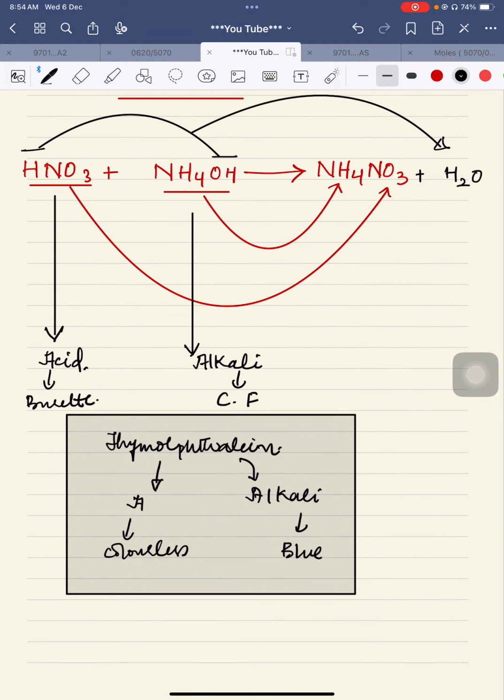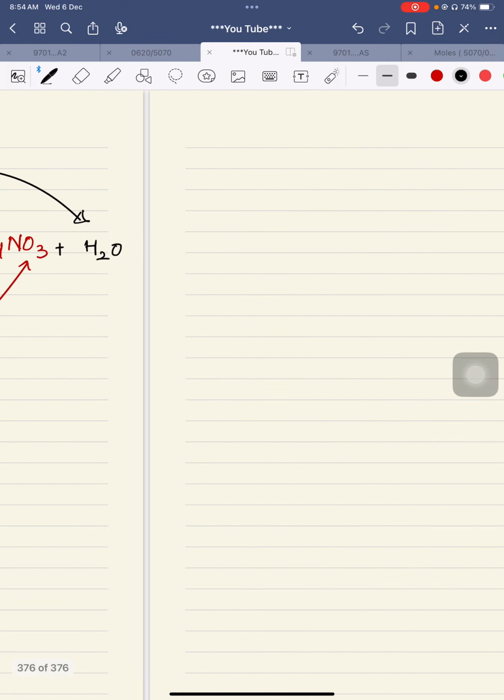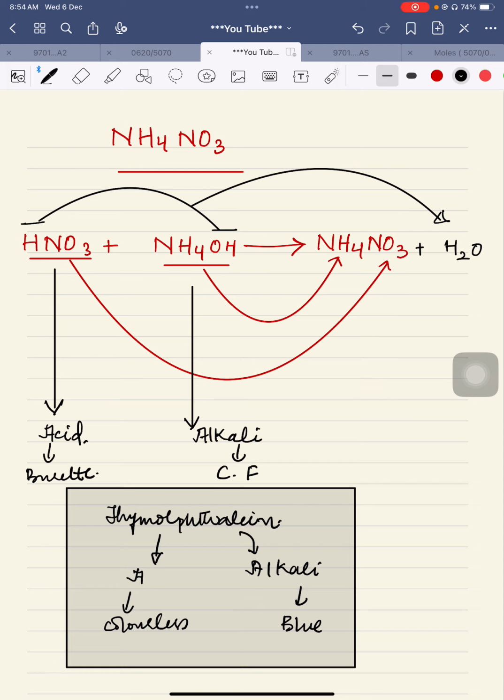Here we can take ammonium hydroxide in the conical flask.